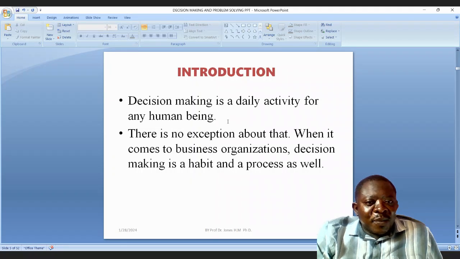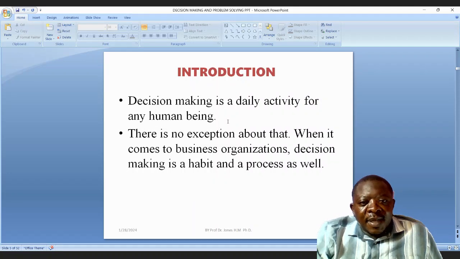But when it comes to a business organization, decision making becomes a habit and a process as well. You will not just make decisions from without. There are policies of the company that you have to refer to, and there are minutes or other plans of action that you need to refer to.